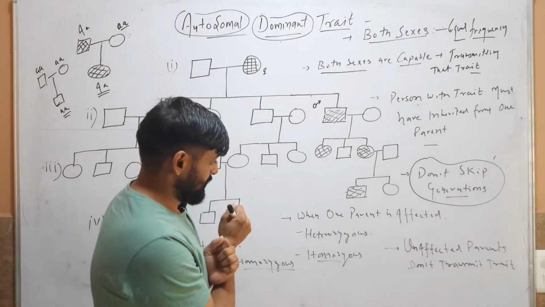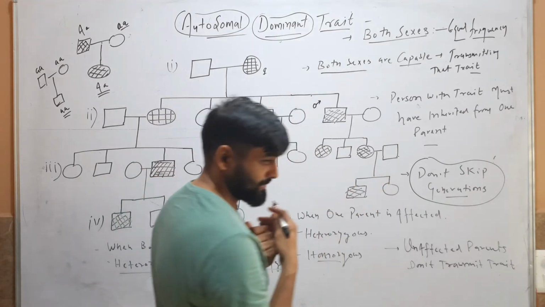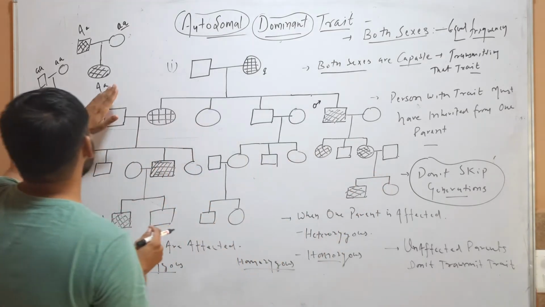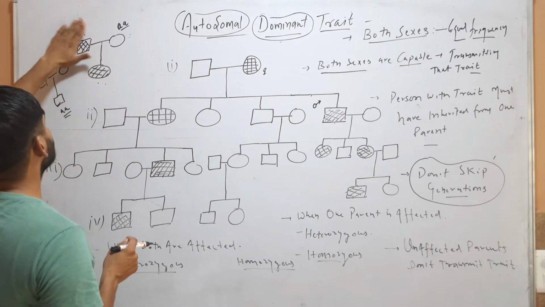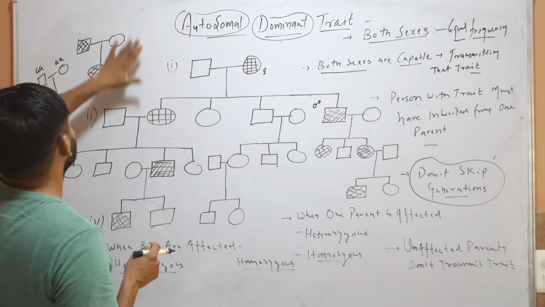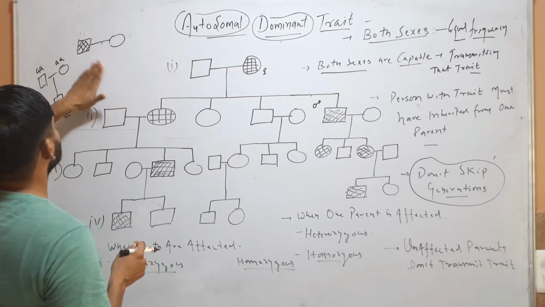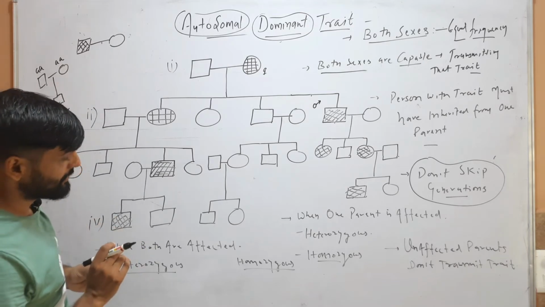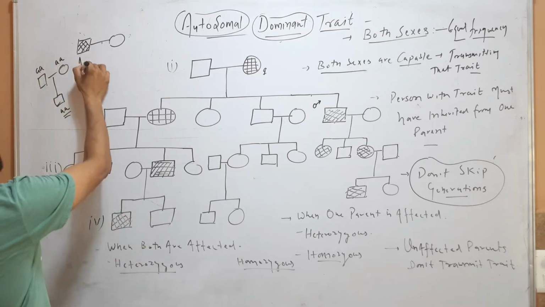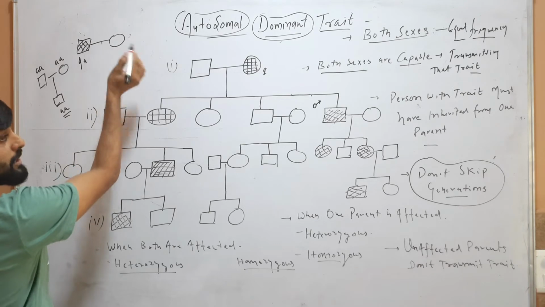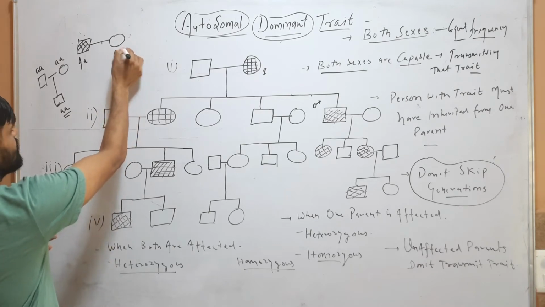Next character, when one parent is affected. Suppose one parent is affected, and it is heterozygous, so I am making it heterozygous, and the other parent is not affected.